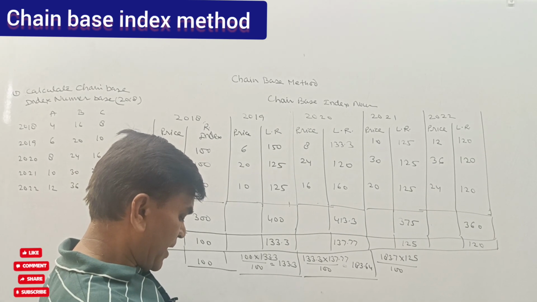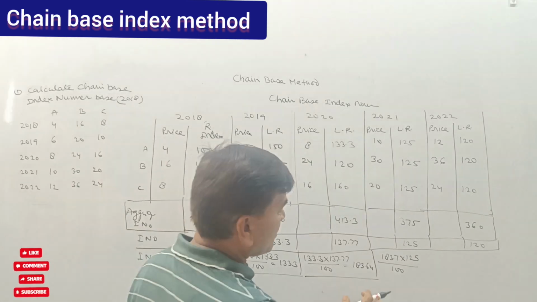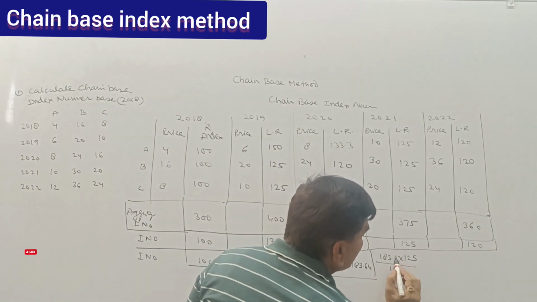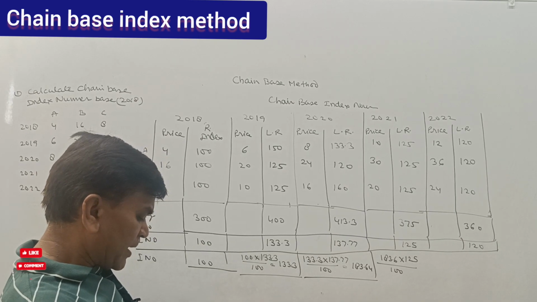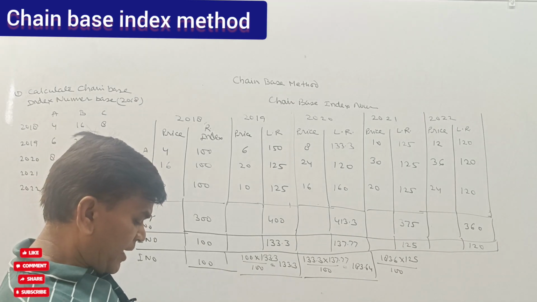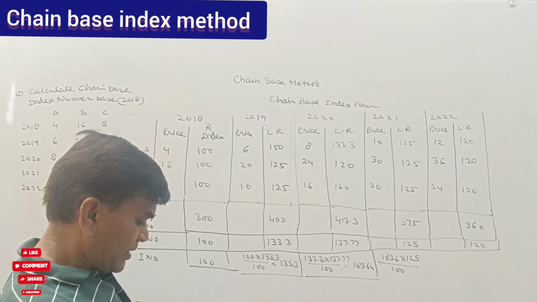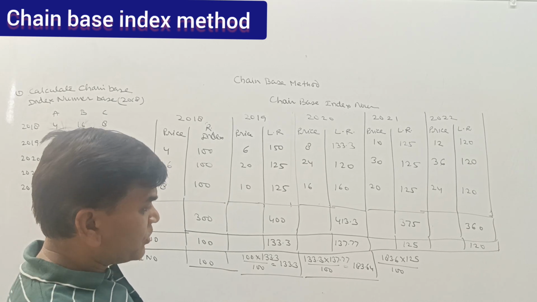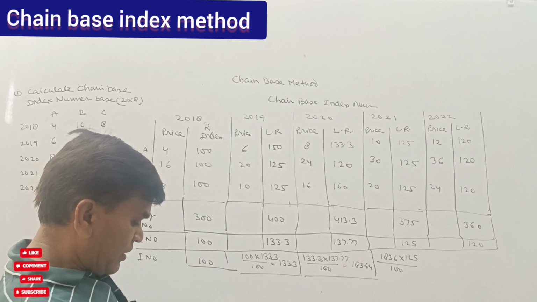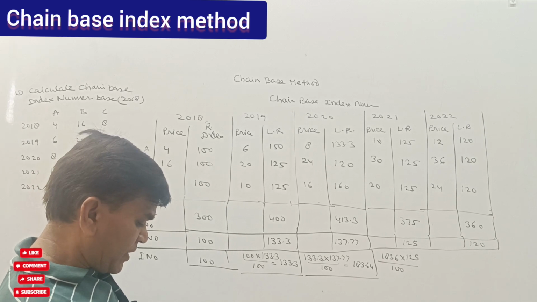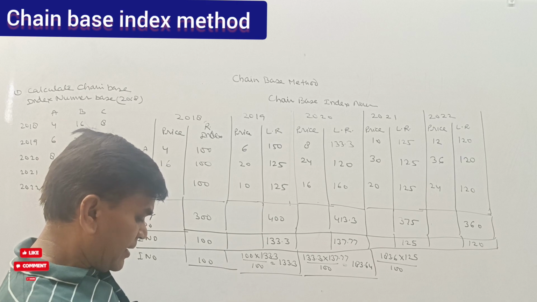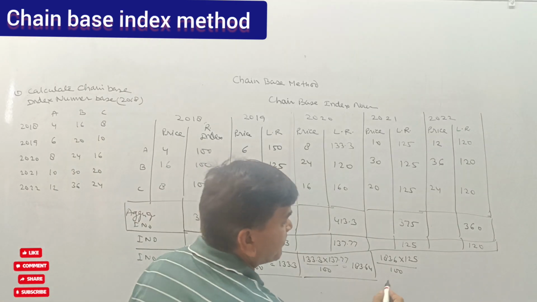We can write 7 or 0.6, no problem, do not get confused. 183.6 multiply 125 divided by 100 is 229.5.